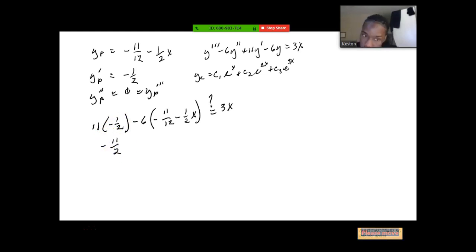Agreed? Minus 6 times minus 11/2 would be plus, well, the 6 will go into 12 2 times, that would be plus 11/2. Plus half of 6 would be 3, plus 3x. Sure enough, that's equal to 3x because these two add to 0.